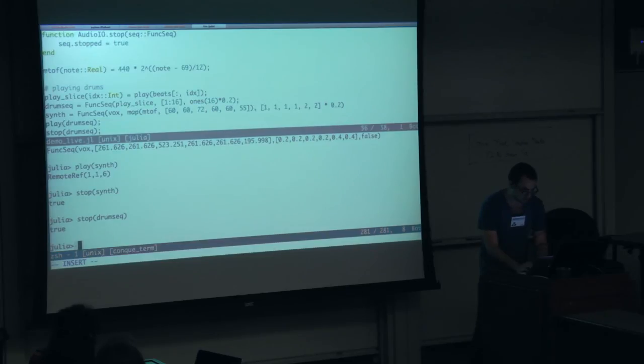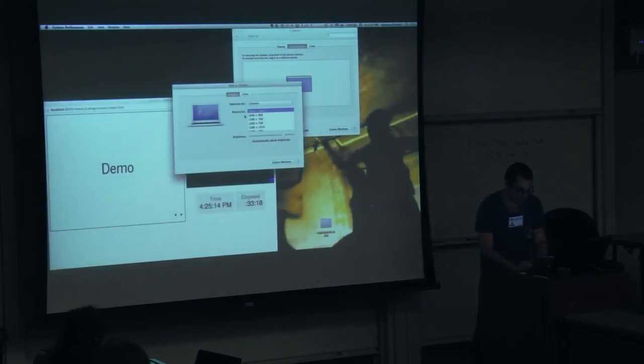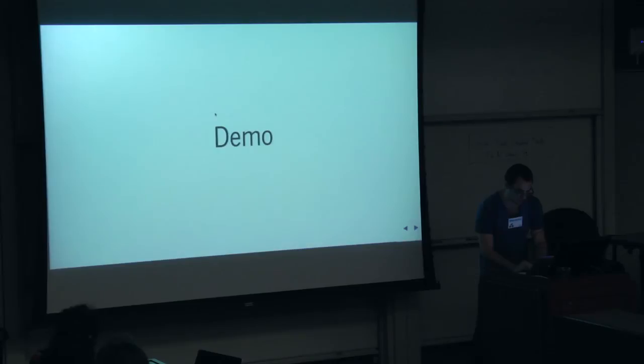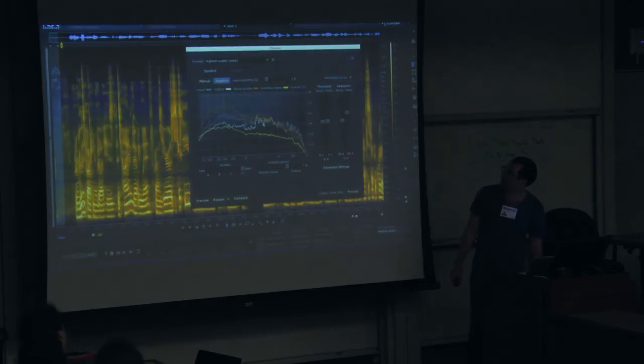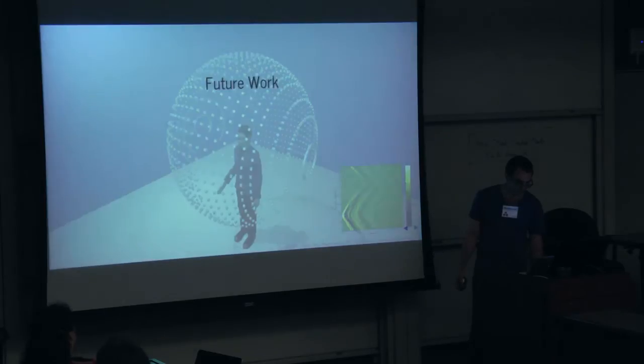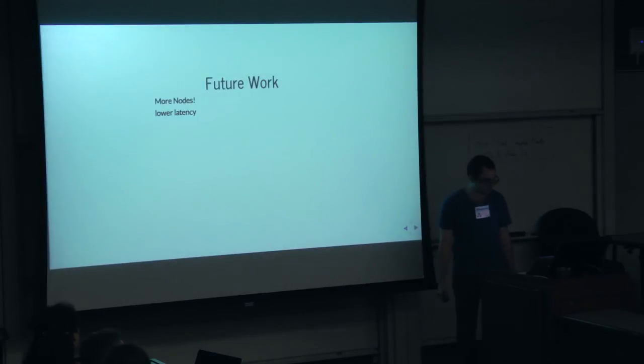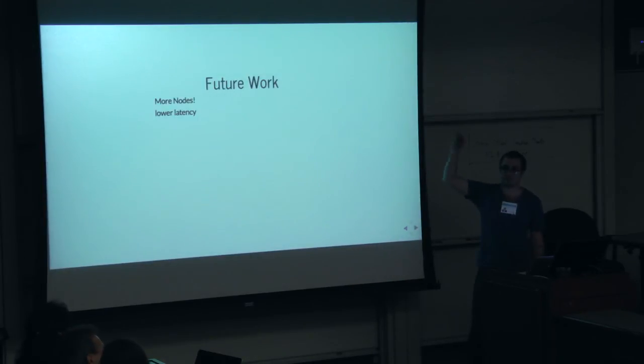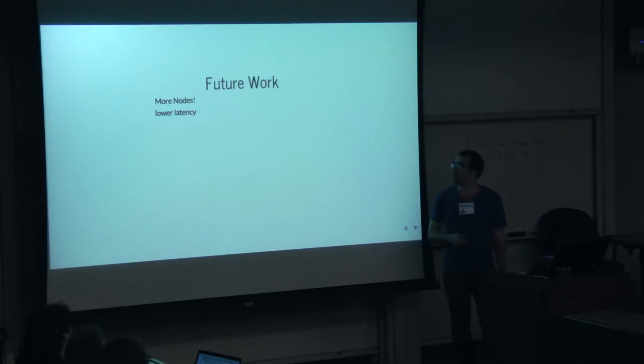There's a whole bunch of stuff that has to happen to make this better. These are some other cool applications that I'm going to skip over for time. There are a lot more nodes we need. The latency right now, in order to get acceptable performance, is pretty long, on the order of a couple hundred milliseconds at least.